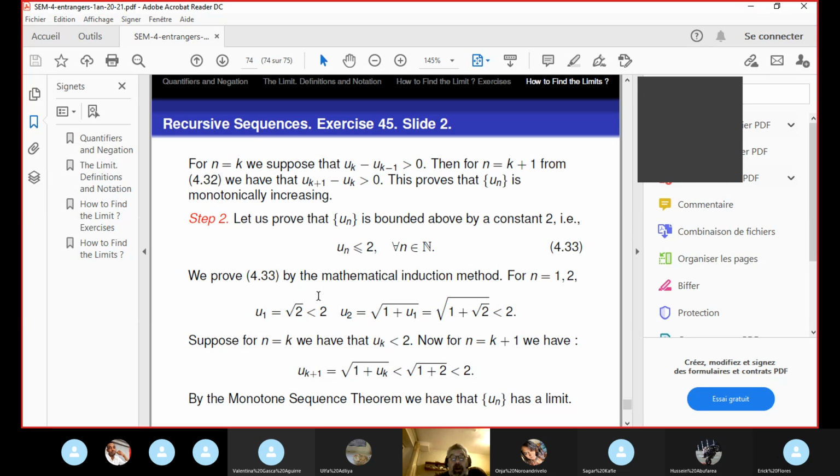By step number 1, our sequence is monotonically increasing. From step number 2, our sequence is bounded above. Then the monotone sequence theorem implies that our sequence u sub n has a limit.